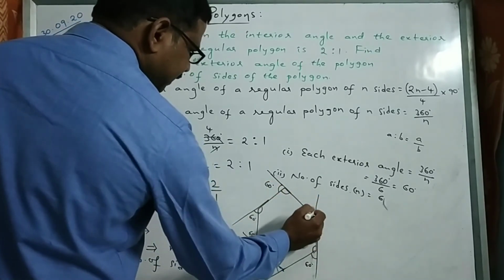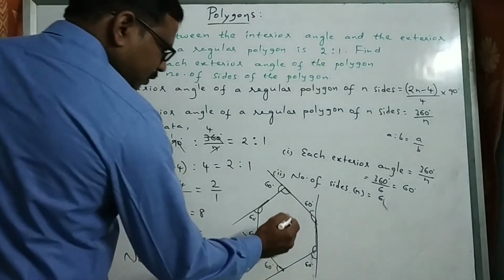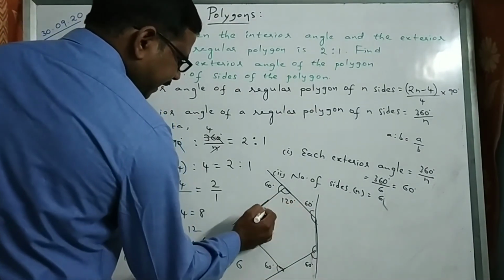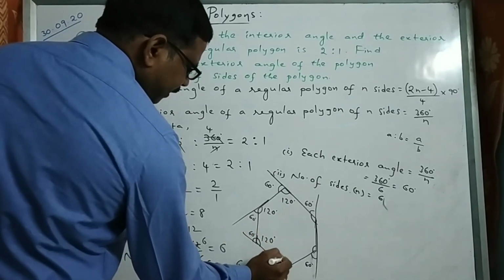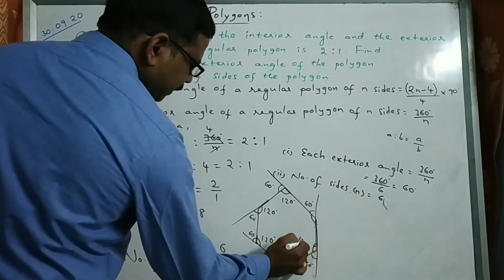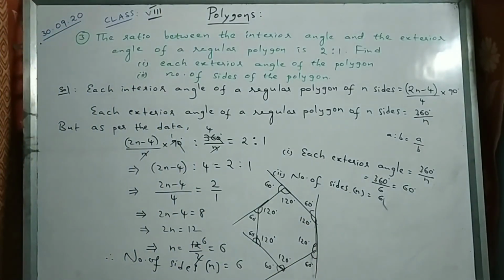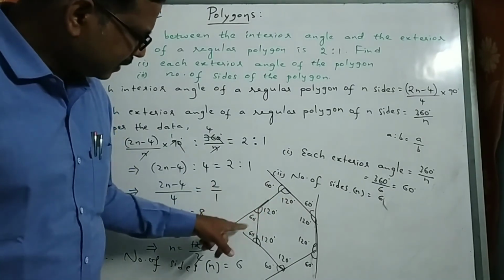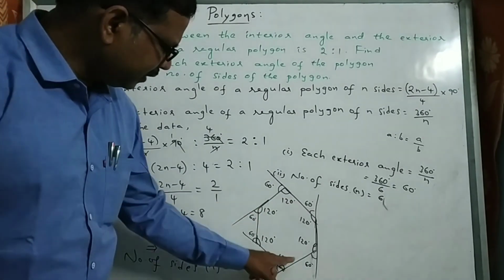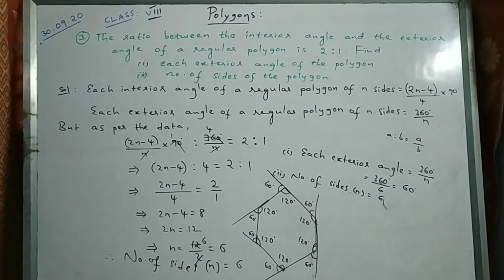So if you extend, this is also 60. Okay. So interior will be 120, right? Each interior angle of a regular hexagon will be 120 degrees, because 120 plus 60 is 180. Straight angle it forms. Everywhere you see a straight angle forms. So that is the concept behind this.